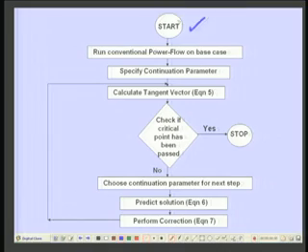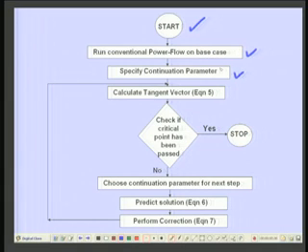Let us look at the flow chart of this continuation power flow algorithm. The flow chart is, as usual, you start your problem. First step is run the conventional power flow on the base case and find out the initial solution.